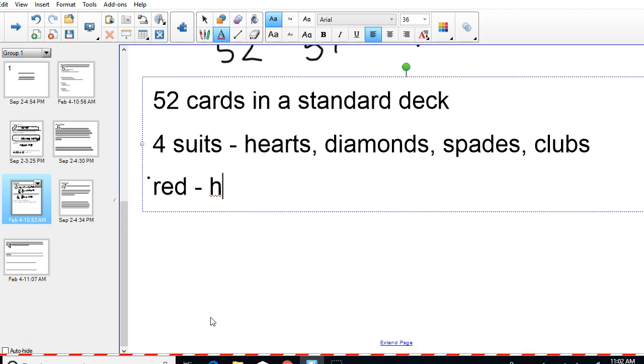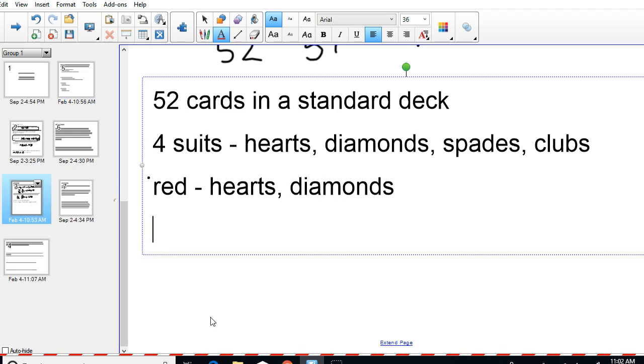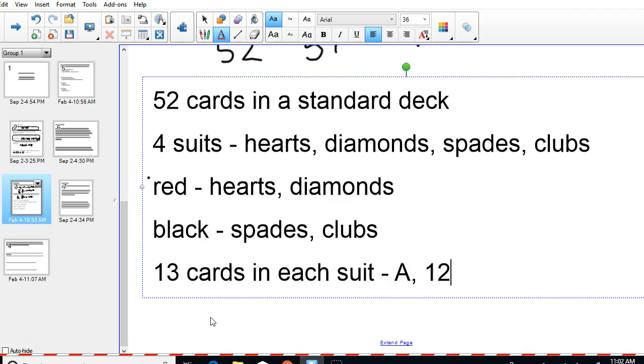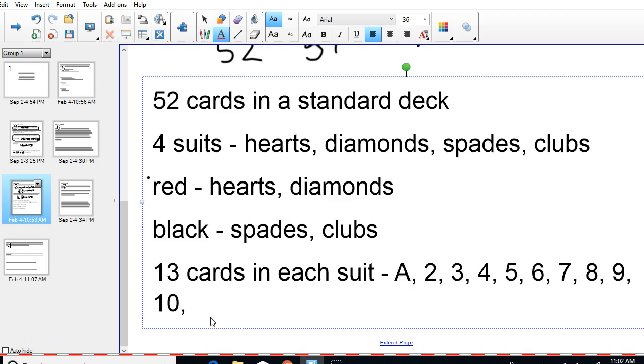Red are hearts and diamonds. Black, spades and clubs. 13 cards in each suit. And those cards are ace, 2, 3, 4, 5, 6, 7, 8, 9, 10, jack, queen, king.